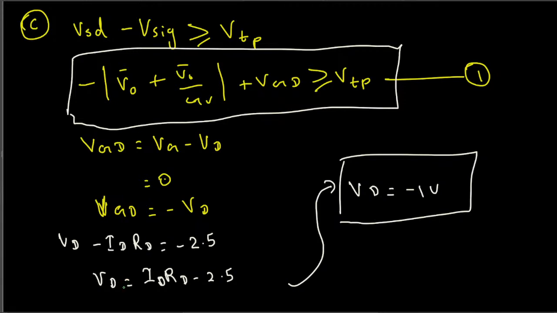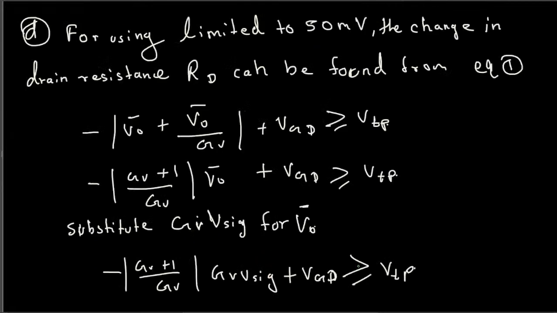If VD is this one, then minus VD is going to be 2.5 minus IDRD. Okay, so we can plug that one instead of VGD. Minus VD, that is 2.5 minus IDRD, becomes VGD. Okay, so here we are right now. Instead of VGD, we are going to do that. So let's go and do this.